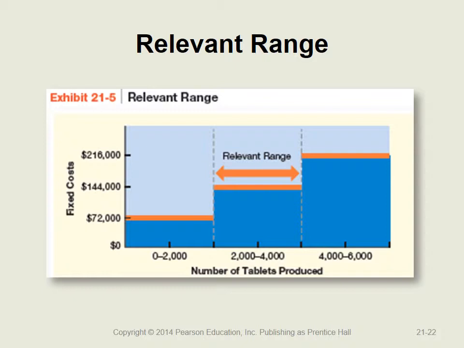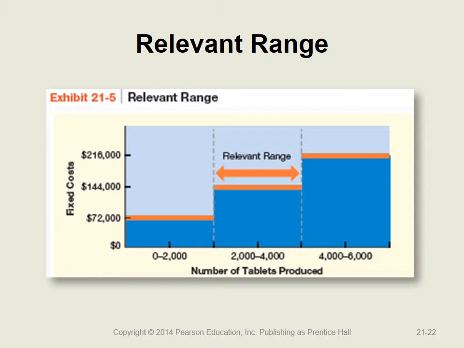Exhibit 21.5 shows that total fixed cost increases to $216,000 as the relevant range shifts to this higher band of volume. Conversely, if the company expects to produce fewer than 2,000 tablets, the company will budget only $72,000 of fixed costs. Managers will have to lay off employees or take other actions to cut fixed costs.